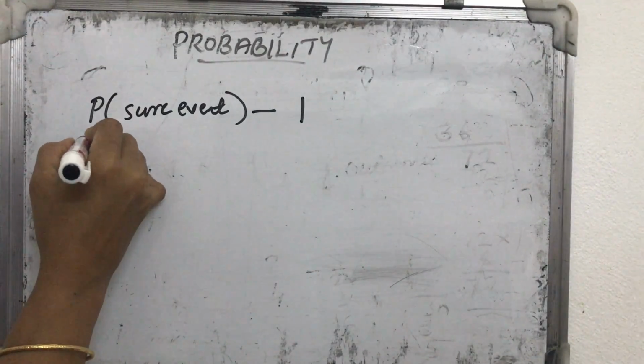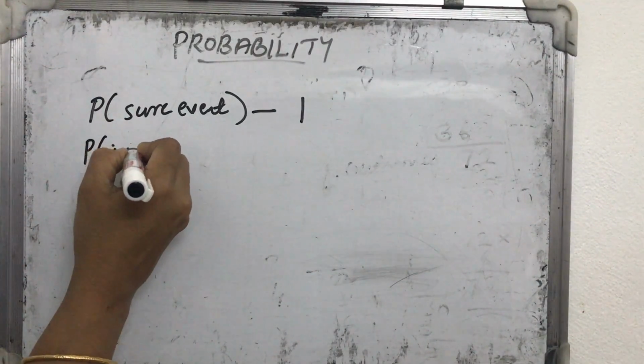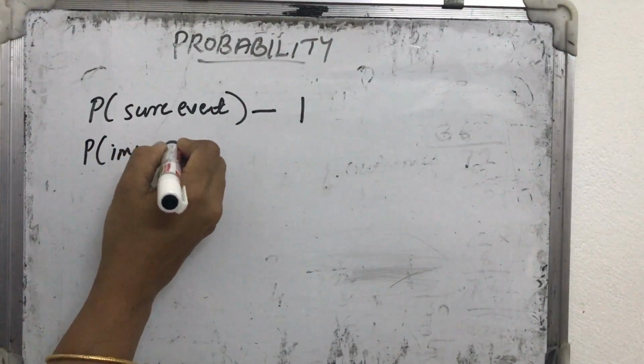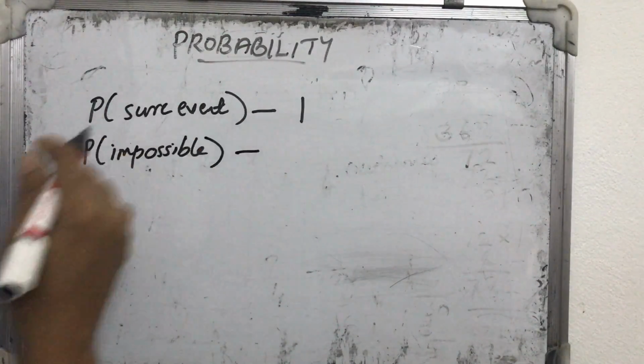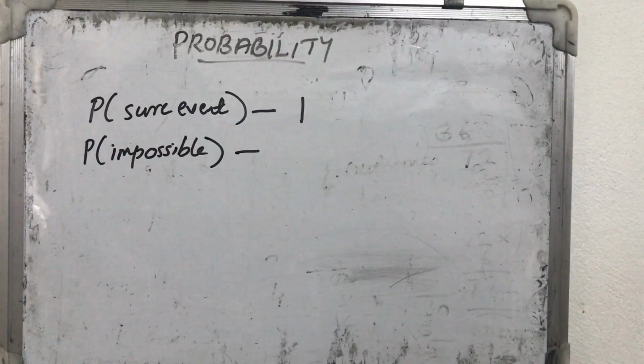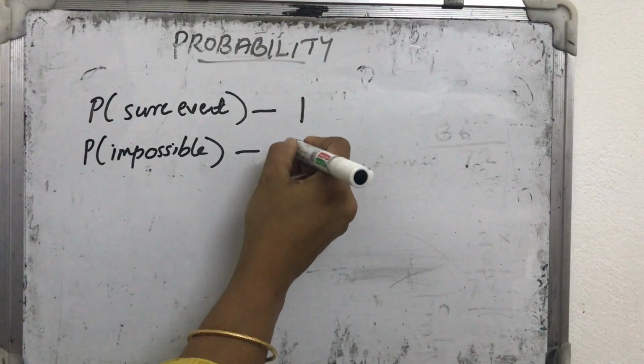Just like, the probability of an impossible event will be what? Some events are there that may not happen anywhere. That is impossible. So its probability will be 0, as it will never happen.